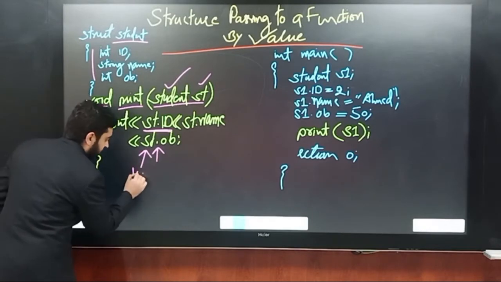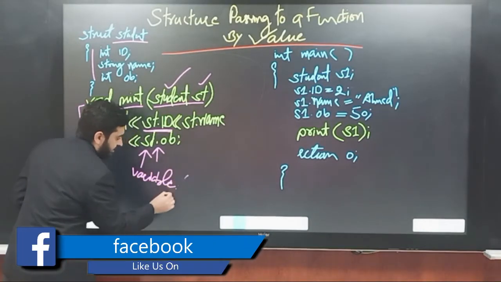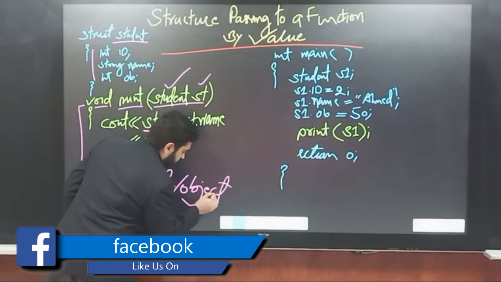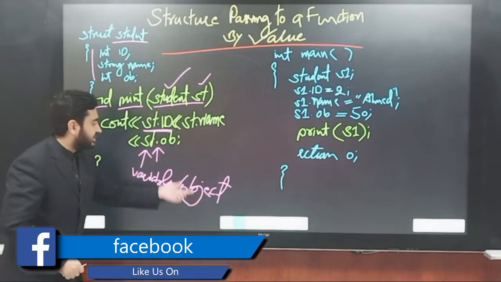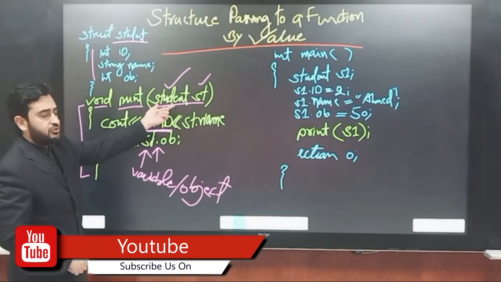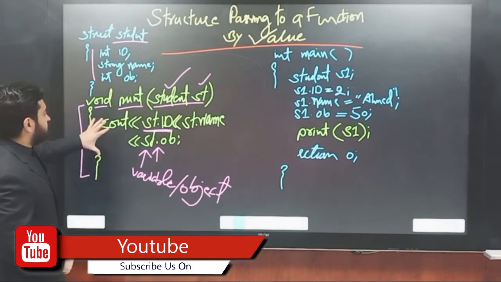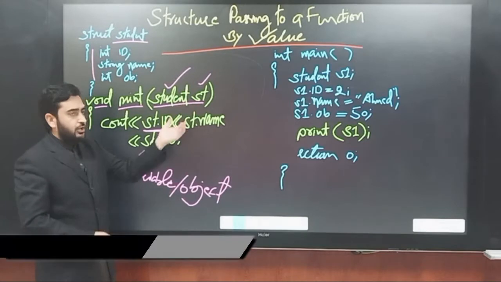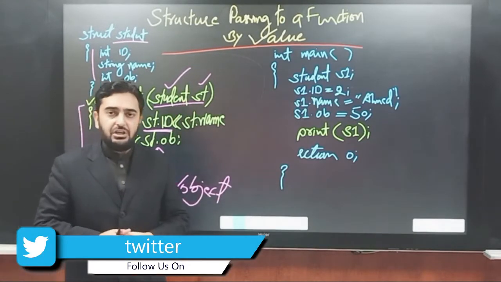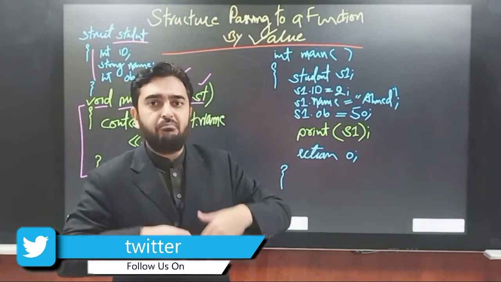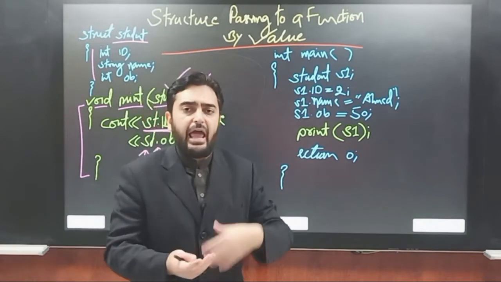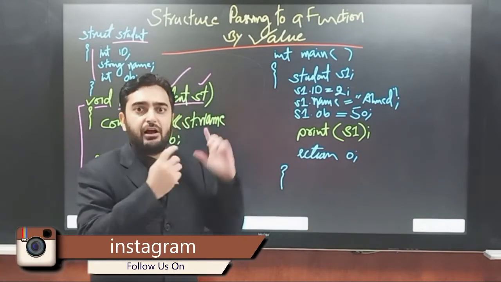So this variable is the object of the student structure, the user-defined data type. This function will catch the structure from the main function, or from any other function from where we call this function.